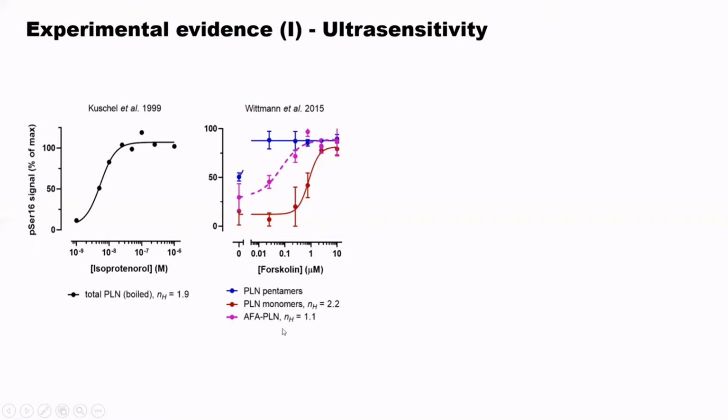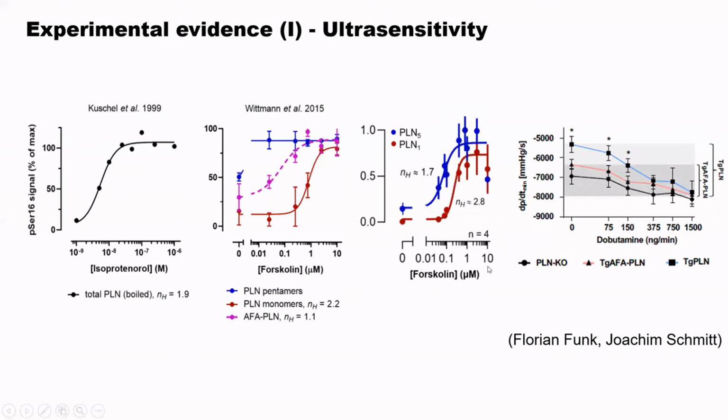So when they used this mutation to get rid of the pentamers, then the switch-like response was basically abolished, and you get a Hill coefficient of about 1, so without any switch-like behavior. Because in these experiments, unfortunately, the pentamers started at a very high basal phosphorylation level, I asked Florian, who will give the second talk today, to also be so kind and repeat these experiments for me.